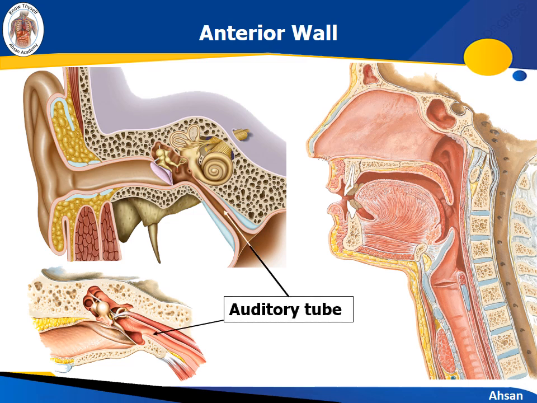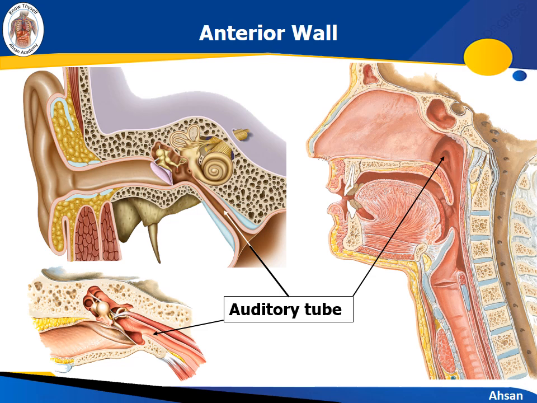One is the auditory tube, it opens in the lower part. This is the pharyngotympanic tube. This is the eustachian tube. All are names of a single tube that connects the middle ear with the nasopharynx. I'm showing the arrow. The second arrow is showing the position of the nasopharynx, and you can see the lateral one, and the arrowhead is very close to the opening of the eustachian tube, or auditory tube, or pharyngotympanic tube.